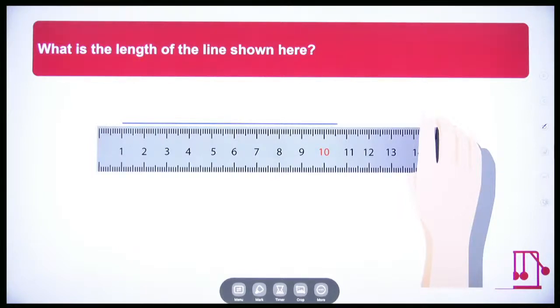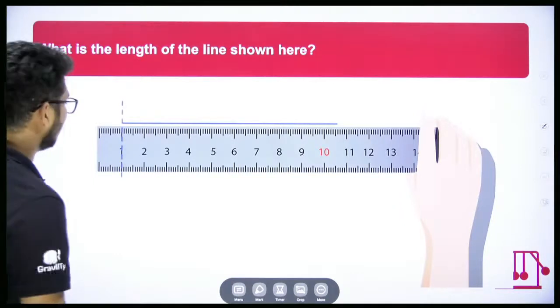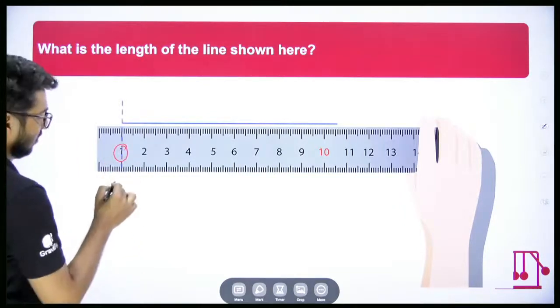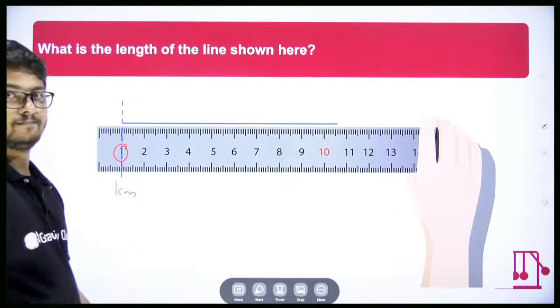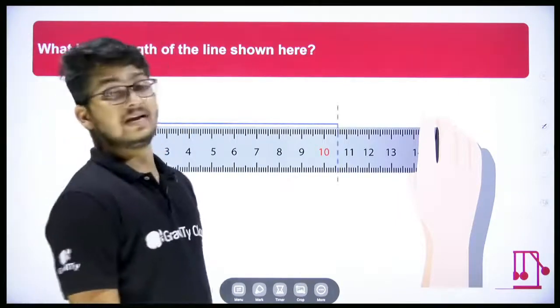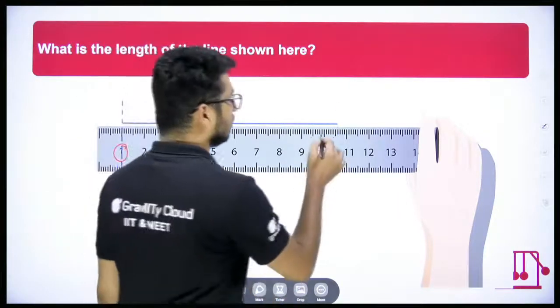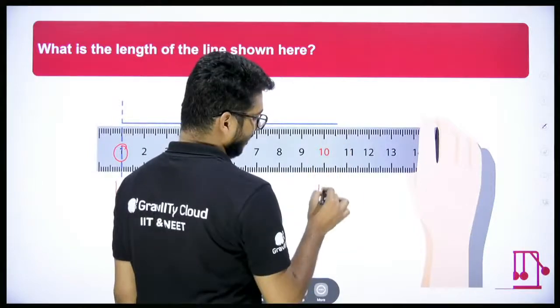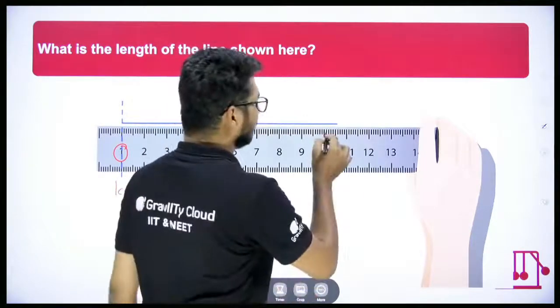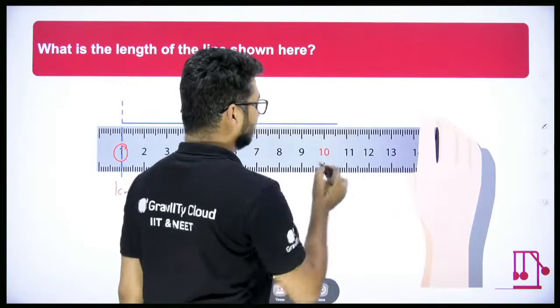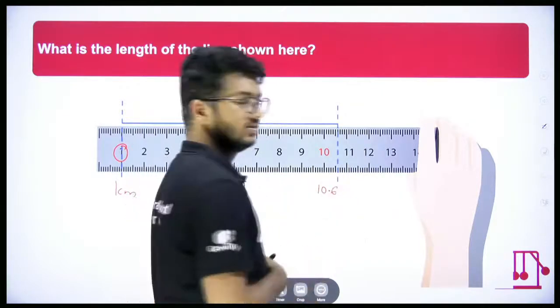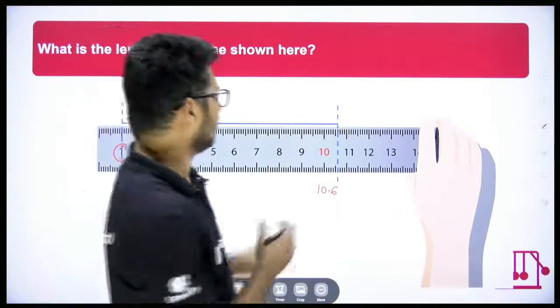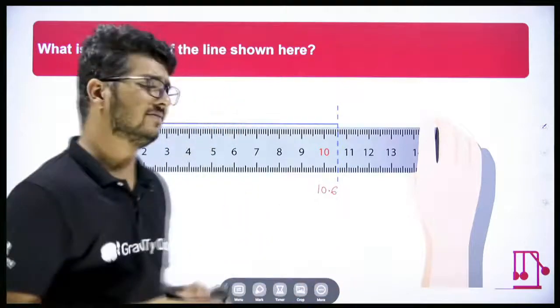Let me solve it. So at one end the reading is 1 centimeter. At the other end, I will count it for you. After 10, you write 10 point. Then it is 1, 2, 3, 4, 5, 6. So 10.6. Now some of you, this might not be exactly clearly visible to you.